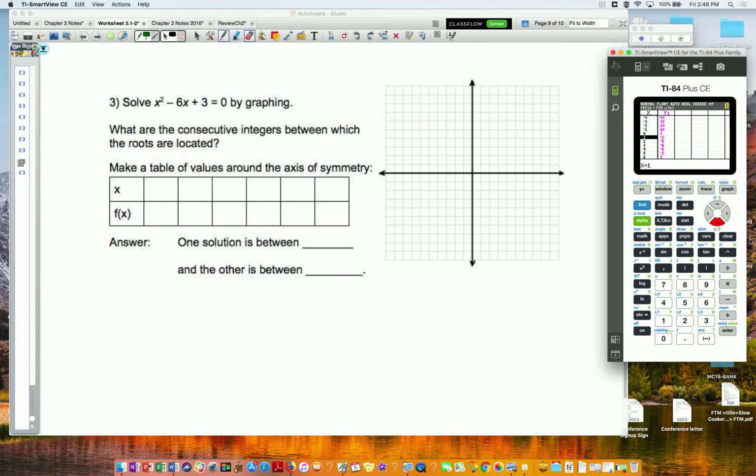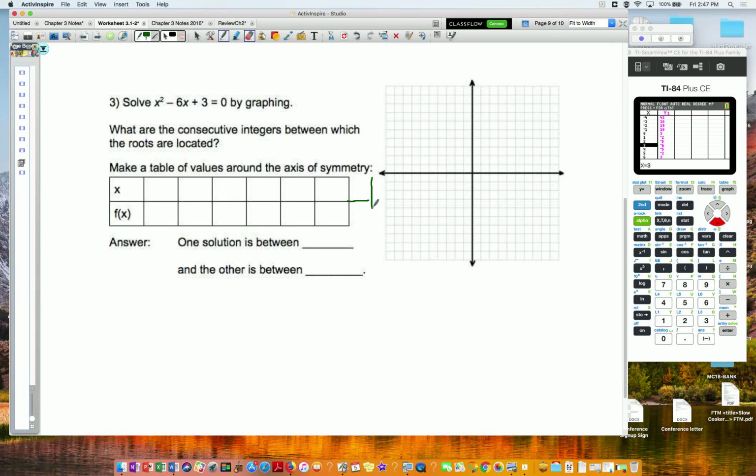So when I go to my table, I want to make sure I'm looking at values right around there. And actually, this is pretty nice the way it's starting. And I can actually see right there's my vertex at 3, negative 6, because I'm getting that kind of symmetric pattern. So I can go ahead, put that vertex right in the middle, 3, negative 6. So 2, 1, 0, 4, 5, 6.